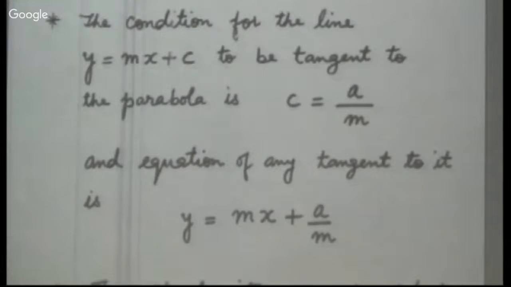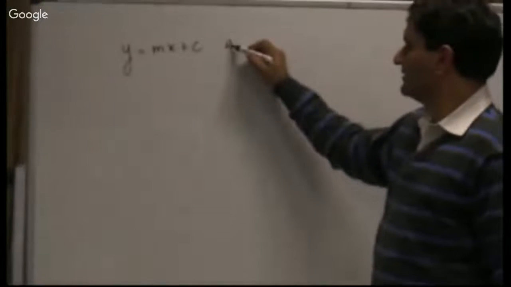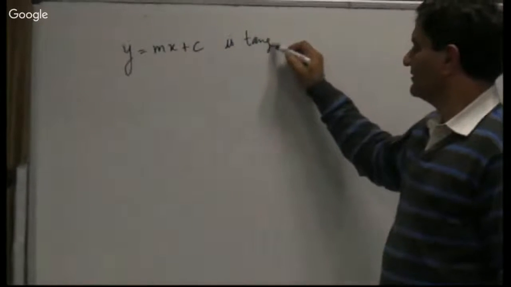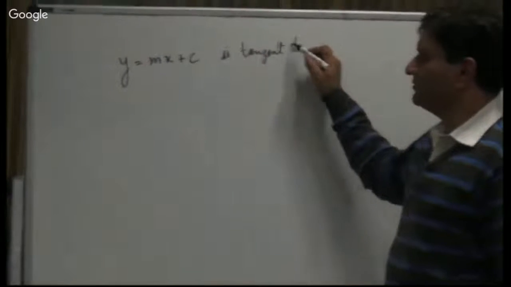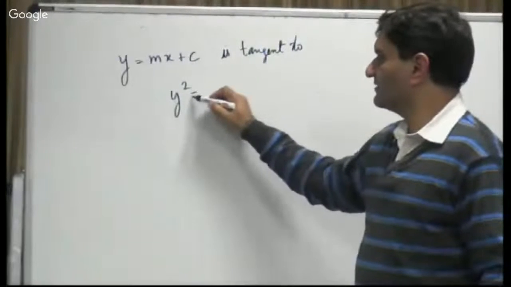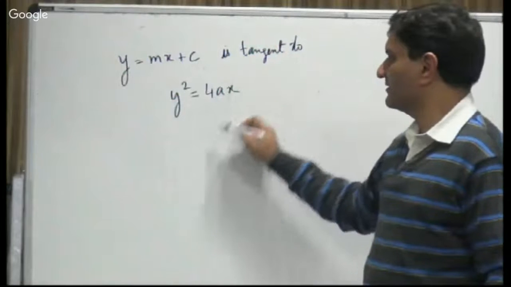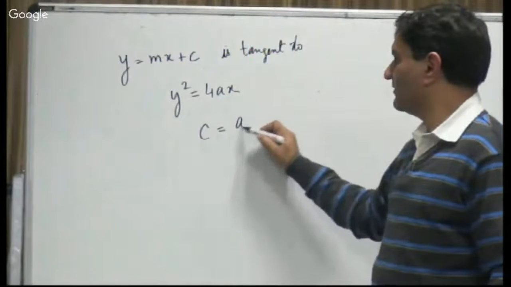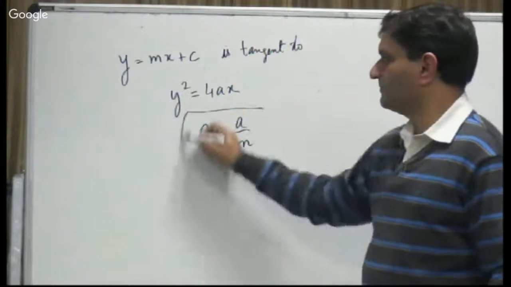Condition of tangency is c equal to a by m. So y equal to mx plus c is tangent to y square equal to 4ax if c is equal to a upon m.